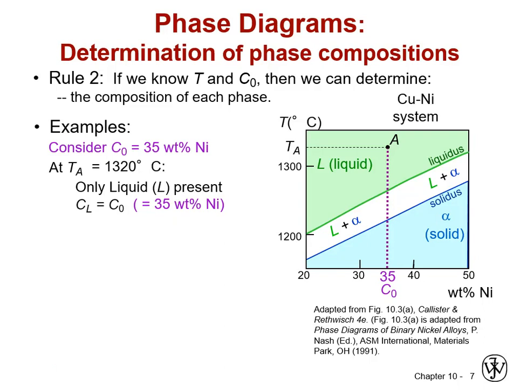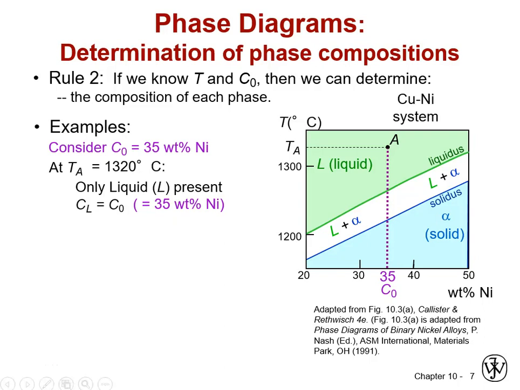So we start out all liquid. We have 35 weight percent nickel, and we've got a temperature of 1320 degrees C, and that's labeled as point A on this diagram, in the upper center of the diagram at T_A, 1320. It's up in the all-liquid portion of the diagram.